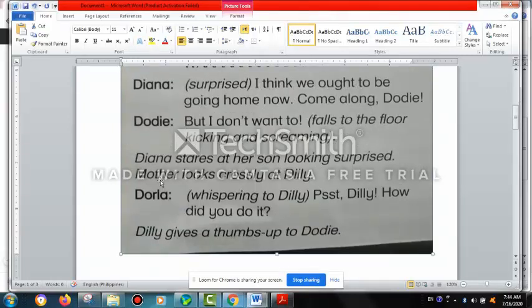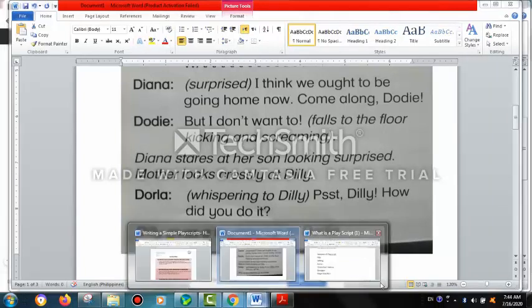Another stage direction: Diana stares at her son, looking surprised. Mother looks crossly at Dilly. To continue, Dorla, whispering to Dilly, "Psst, Dilly, how did you do it?" And Dilly gives a thumbs up to Dodie. Another stage direction here.